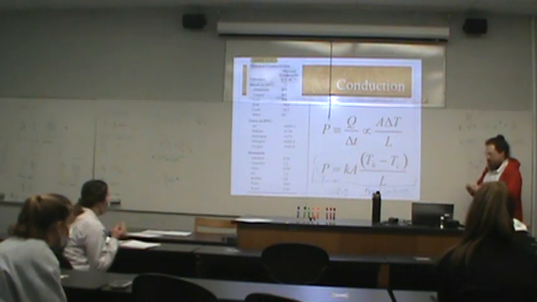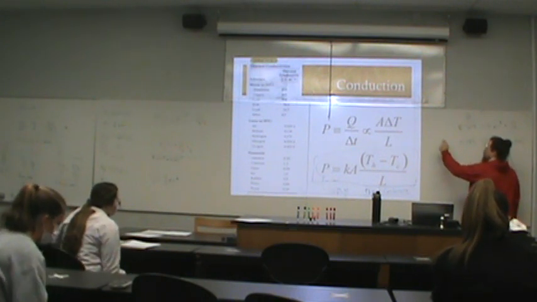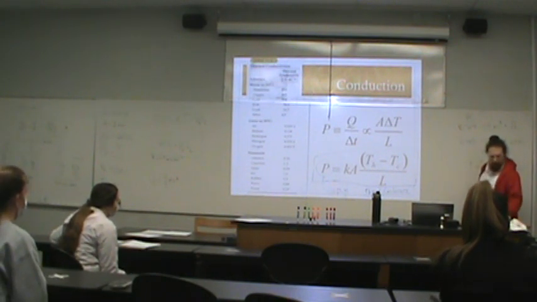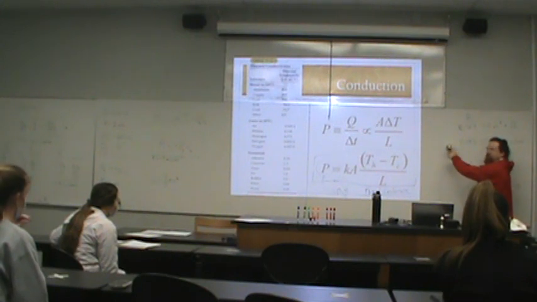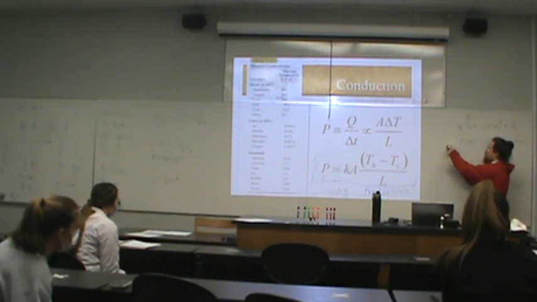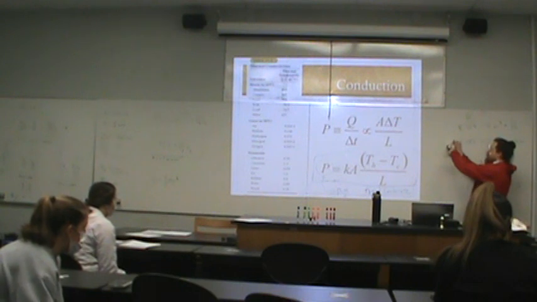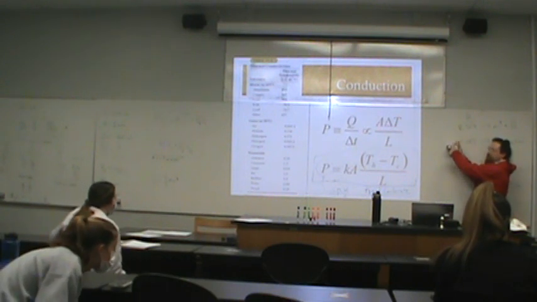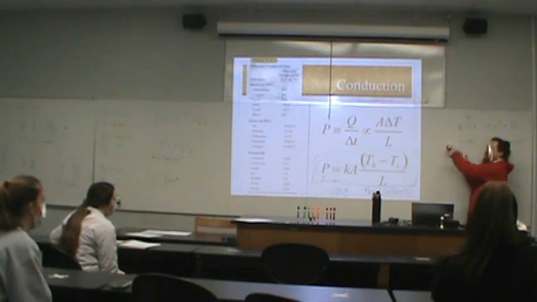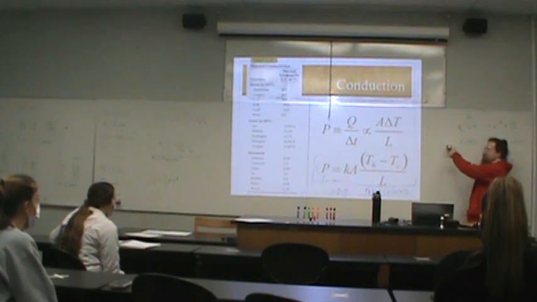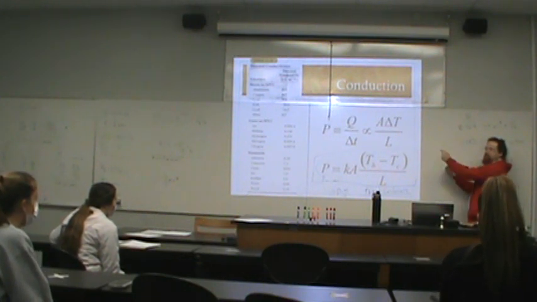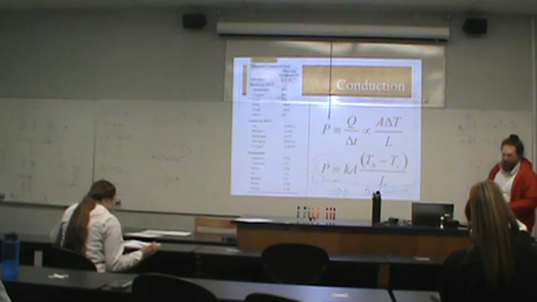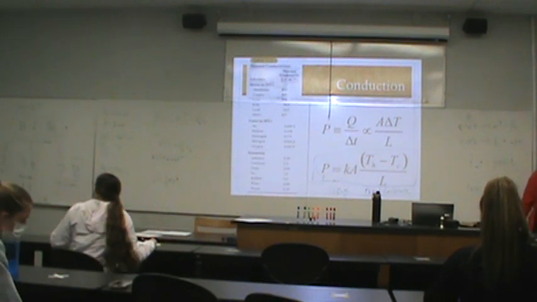Meanwhile, if I was touching the board through anything longer than my finger, now it's this length that the thermal energy has to travel through. That's going to slow the process down. I don't feel cold right now, at least not in my fingertip. The variables that make up this formula, we will be using it in lab.